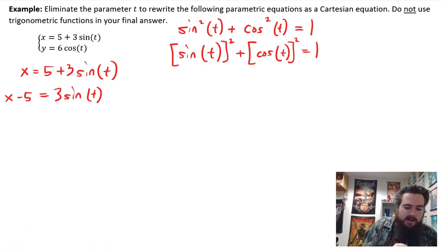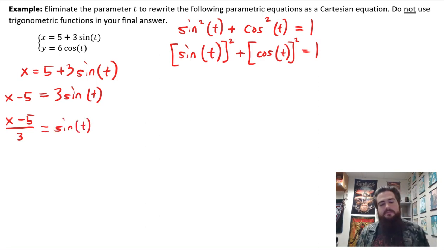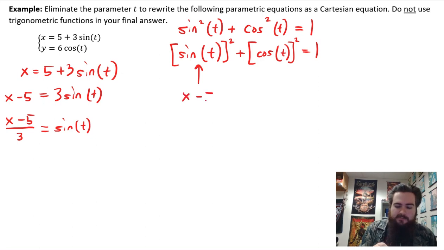And then I can divide by 3 to get x minus 5 divided by 3 is equal to sine of t. I now know that I can replace sine of t with x minus 5 divided by 3.